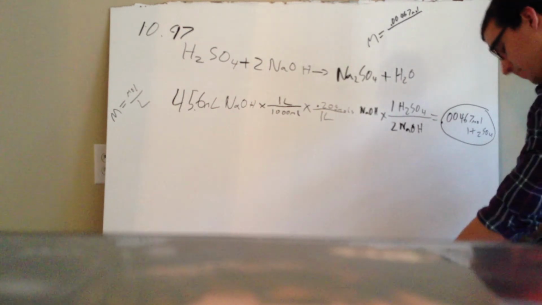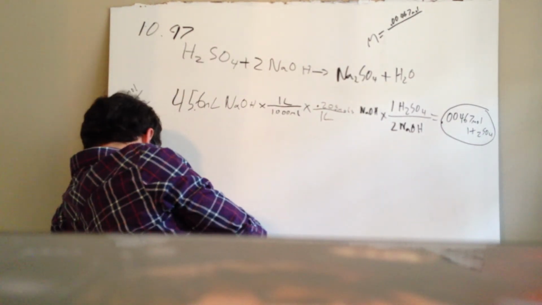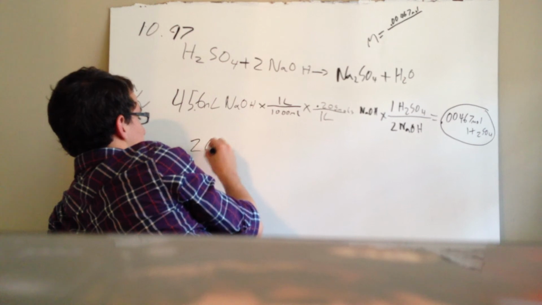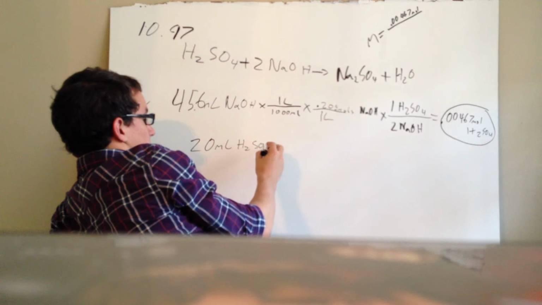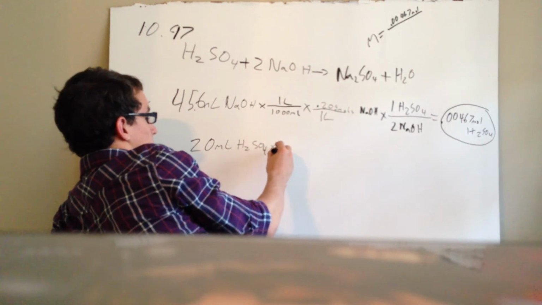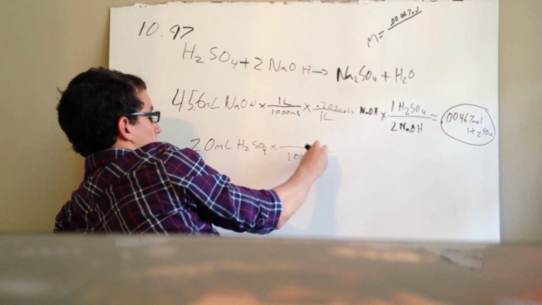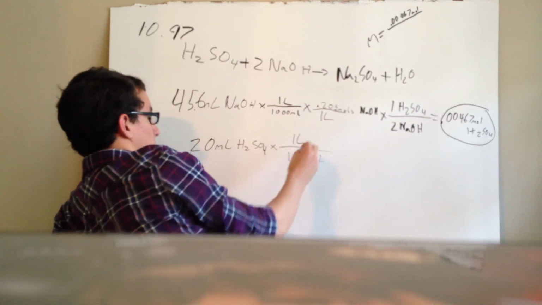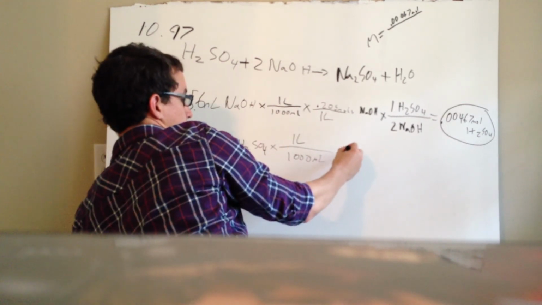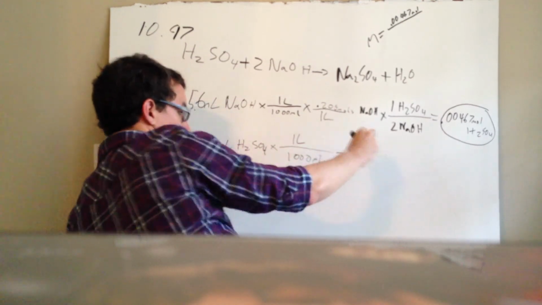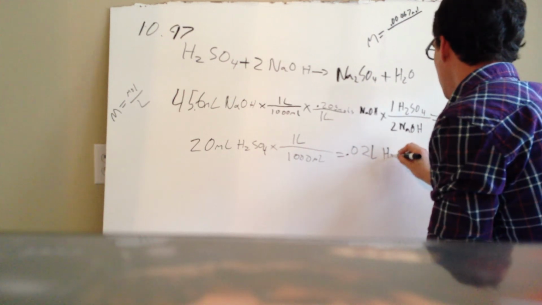We're given 20 milliliters of H2SO4. How do we convert these milliliters into liters? This is a really easy one: 1,000 milliliters on the bottom and 1 liter on top. Just divide by 1,000 and you get 0.02 liters of H2SO4.